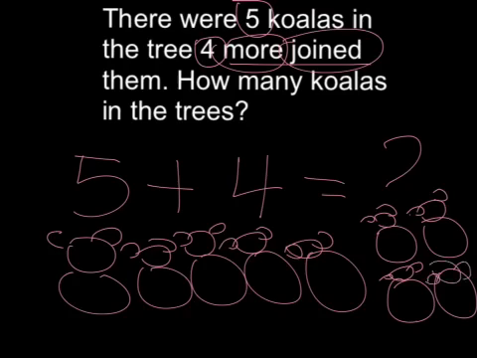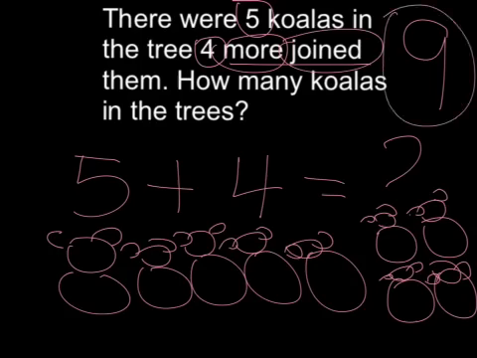How many do I have altogether? 1, 2, 3, 4, 5, 6, 7, 8, 9. So how many koalas in the tree? There were 9 koalas in the tree. Okay, now we wouldn't have to necessarily draw koalas. We could just draw circles, or we could go and get some counters out to help us too.